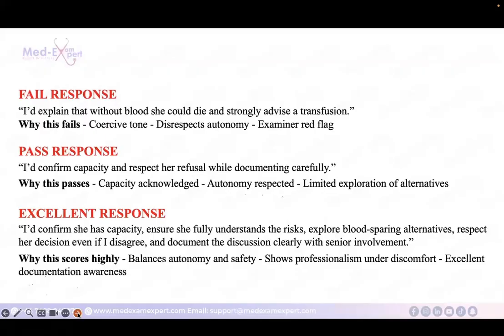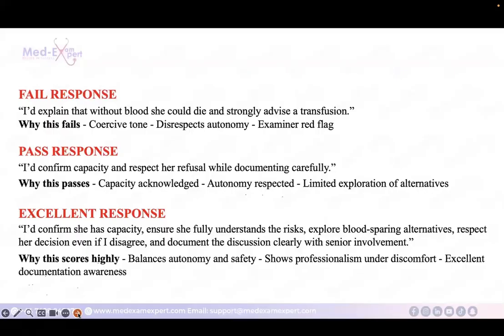The pass response in this situation would be, I would confirm capacity and respect her refusal while documenting carefully. Why is this a pass? Because you acknowledged her capacity, you respected her autonomy, and you explored the alternatives.